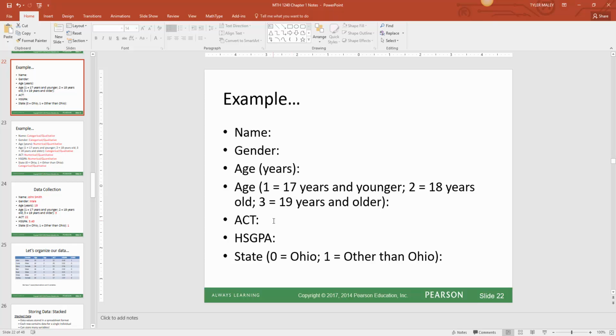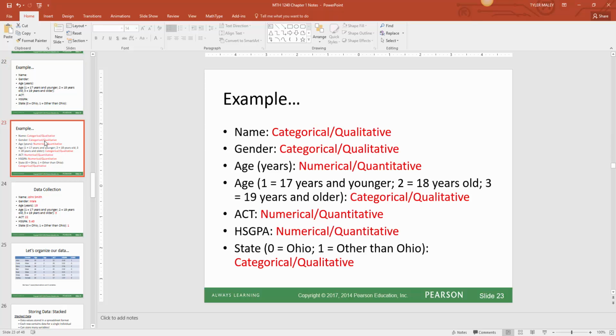And then we're collecting their ACT score, their high school GPA, and what state they're from. Are they from Ohio or a state other than Ohio? And again, we're coding this with a number. So the name would be categorical or qualitative. Same with the gender, either male or female, categorical or qualitative.